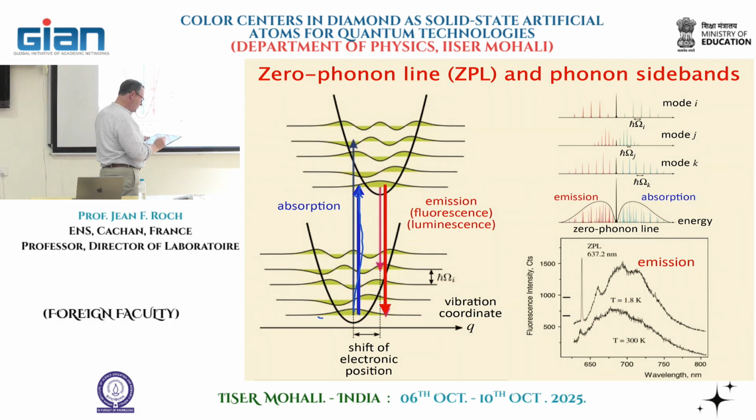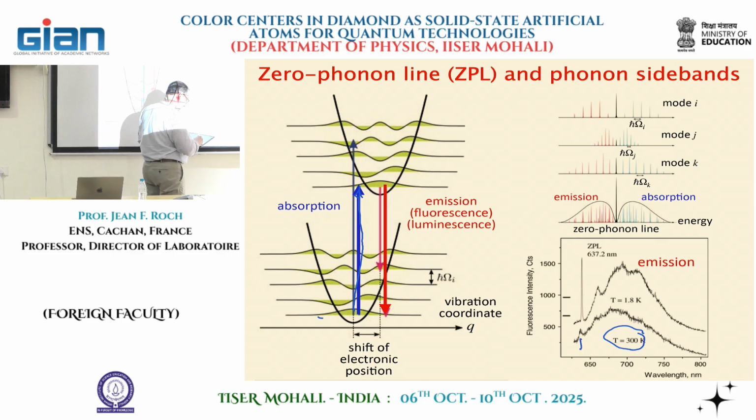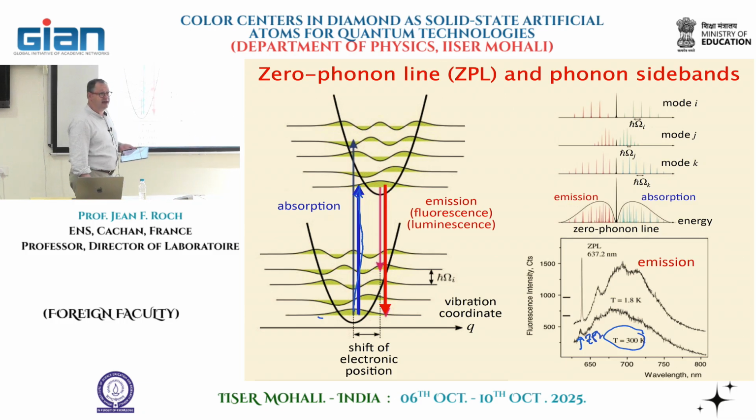In the NV centers, when we are at room temperature, we have a broad emission. And here, this is a zero phonon line at the wavelength of 637 nanometers. And it's very weak. Only a few percent of the emission is inside this two-level-like atomic transition.